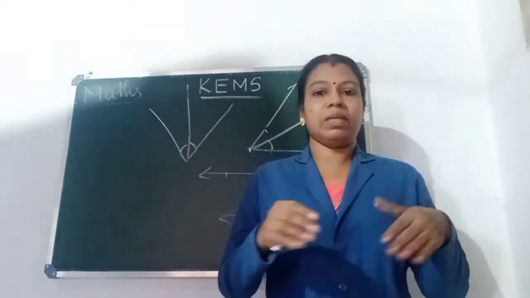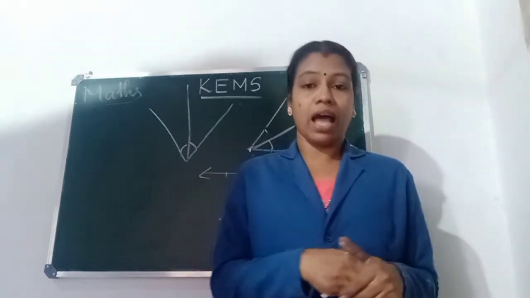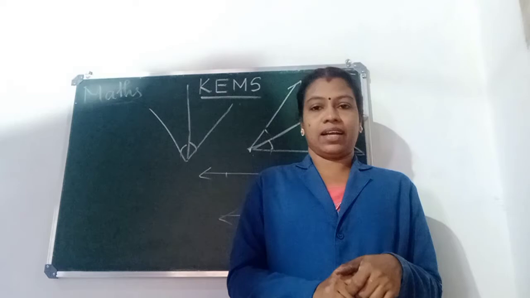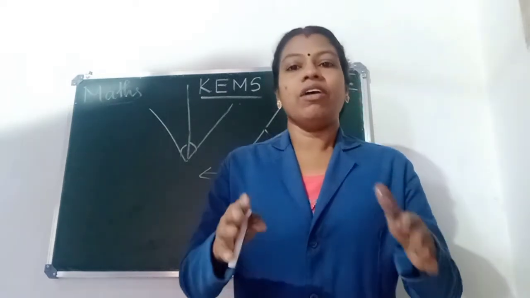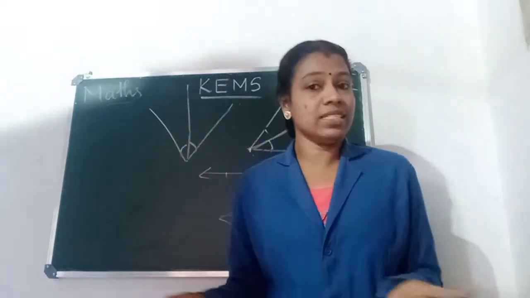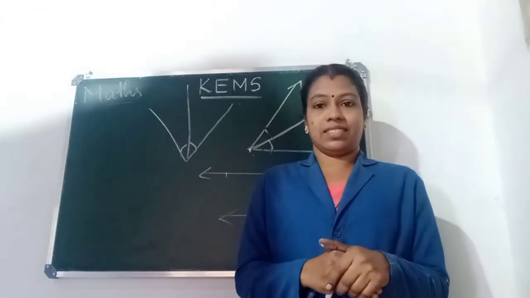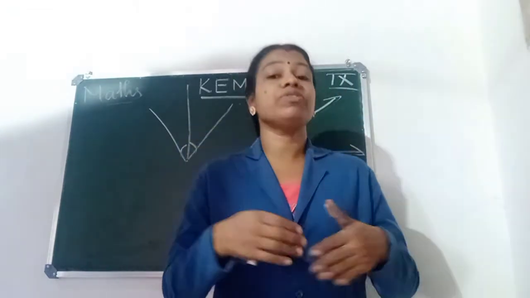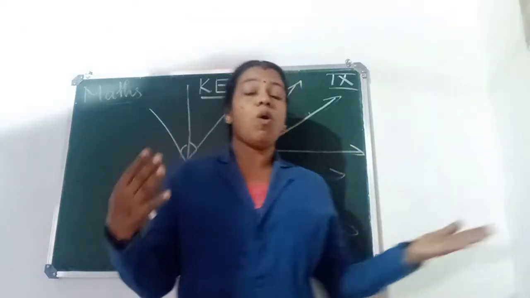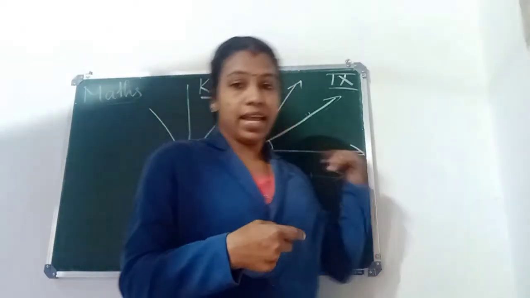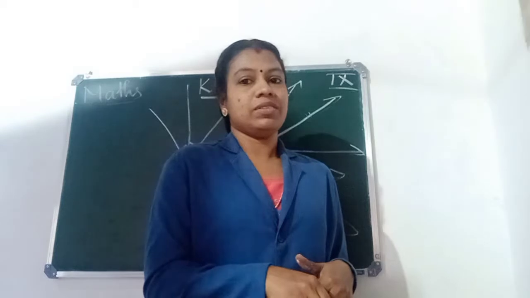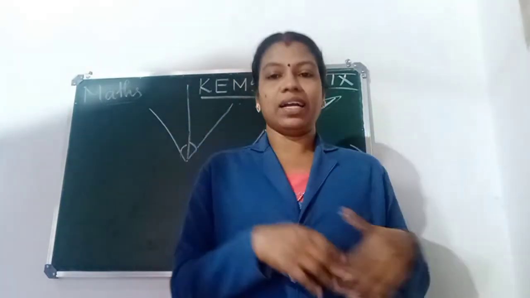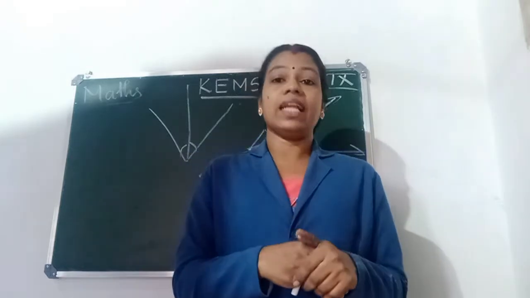Linear pair. That means the two non-common arms of two adjacent angles form opposite rays, forming a line. If the two non-common arms of two adjacent angles form a ray, then the two angles are known as a linear pair.